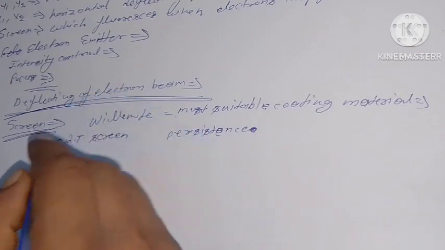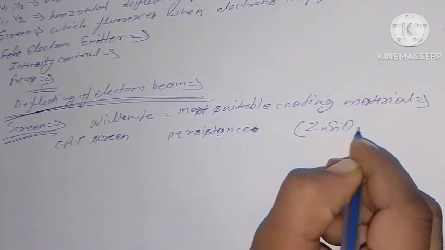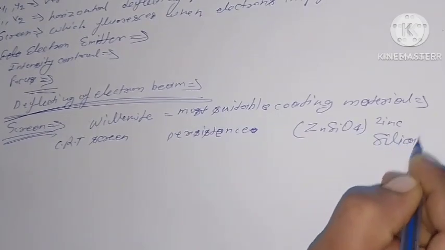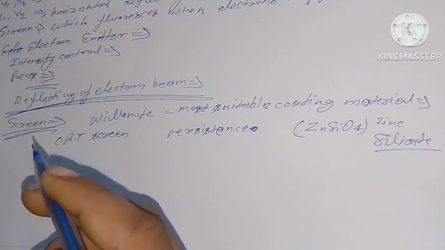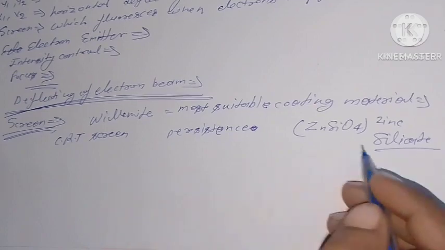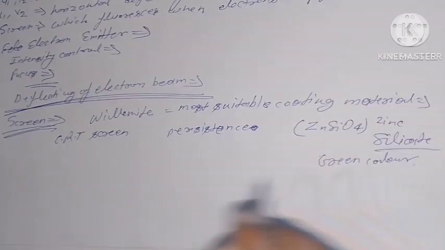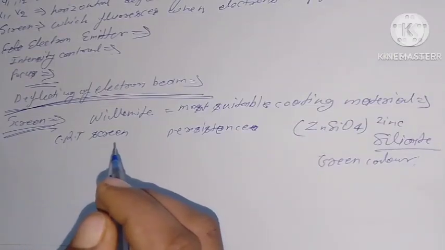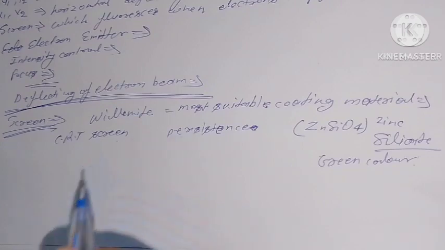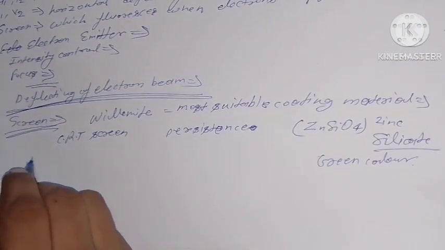Zinc silicate, ZnSiO4, which fluoresces with green color, is one of the materials which satisfies this condition and is thus most suitable as coating material for a C.R.T. screen.